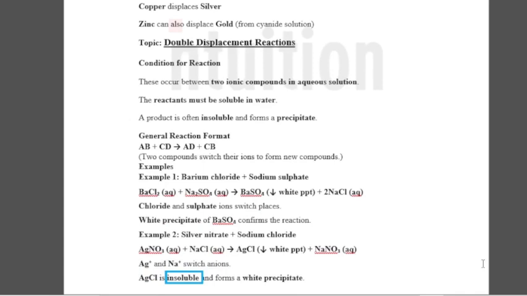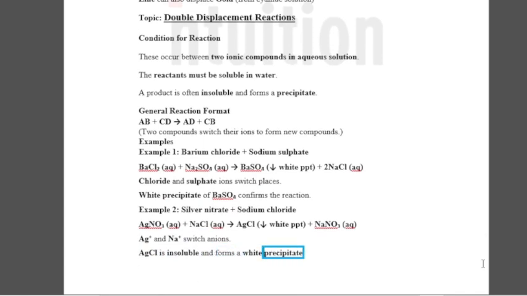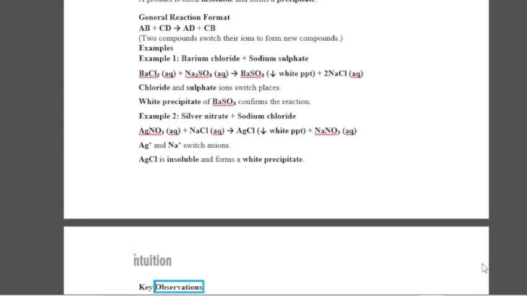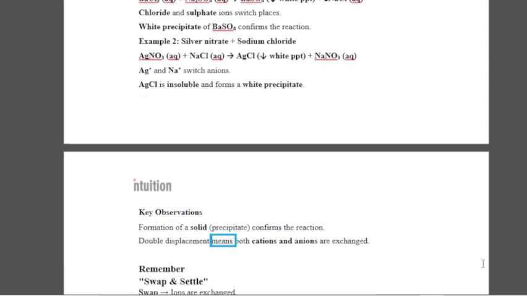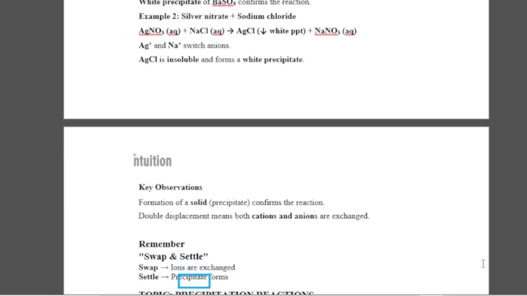AgCl is insoluble and forms a white precipitate. Key observation: formation of a solid precipitate confirms the reaction. Double displacement means both cations and anions are exchanged. Remember: swap and settle. Swap: ions are exchanged. Settle: precipitate forms.